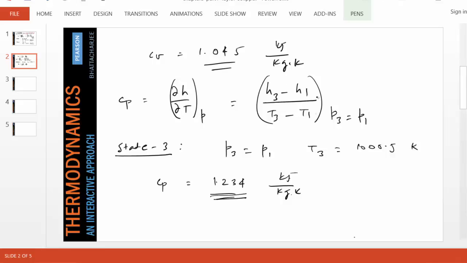Instead of taking a partial, we basically use small differences to find the ratio in the spirit of a limiting value. Of course, to get a more accurate value, the difference in temperature should be even smaller. But in a computer, you cannot make the temperature difference arbitrarily small because your data may not be so accurate. Anyway, so we found the value of CP and CV using fundamental definitions.